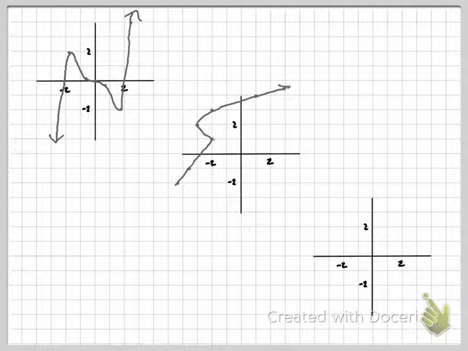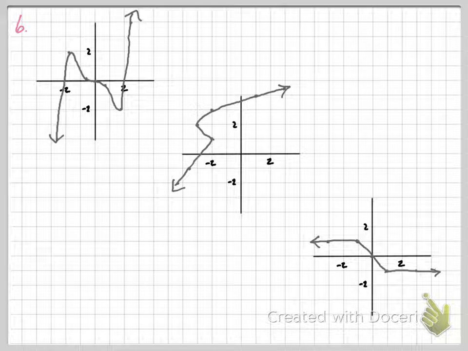Now, this said to use the vertical line test to determine whether each graph represents a function. I asked you to use more than one line, okay, to help determine at different points through the graph.